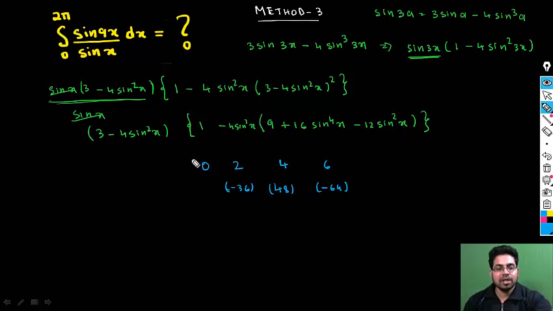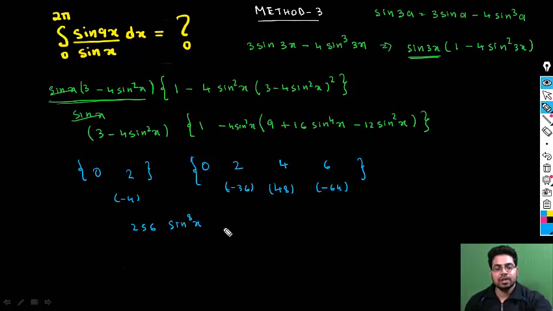Obviously I need to multiply this with this term, with the constant, sine to the power 0, and sine to the power 2 with coefficient minus 4. So this 6 gets multiplied with this 2 and I get sine to the power 8x, and the coefficient would be minus 64 into 4, that means 256.